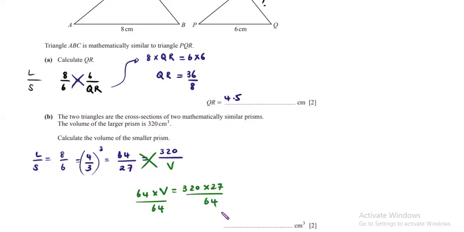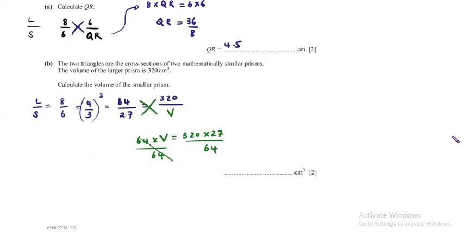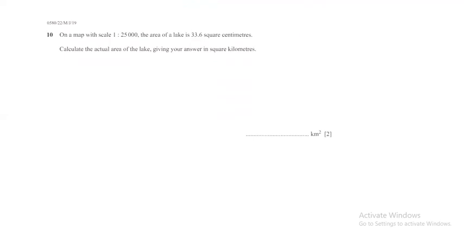So the value of V is equal to 320 times 27, and when I divide it by 64, I end up getting 135 cubic centimeters. This is the volume of the smaller prism that is mathematically similar to this larger prism, which has a volume of 320 cubic centimeters. Now let's move on to the next question.